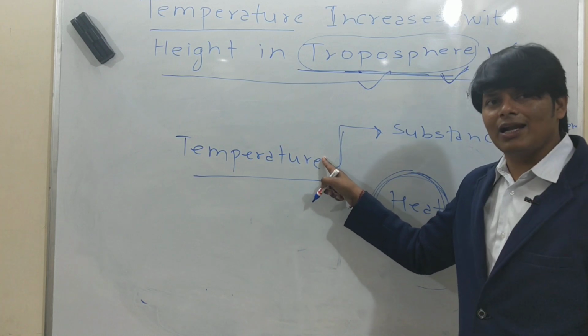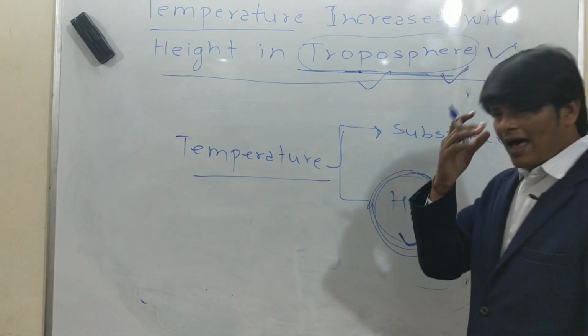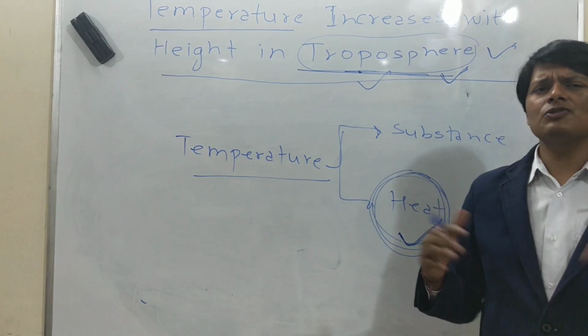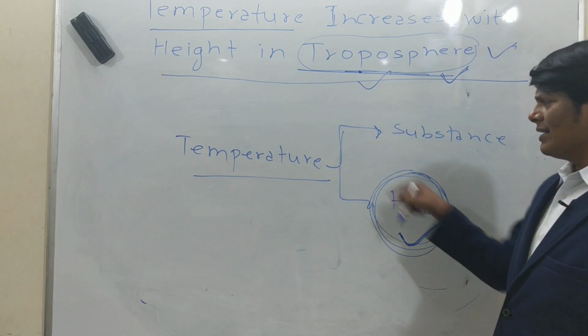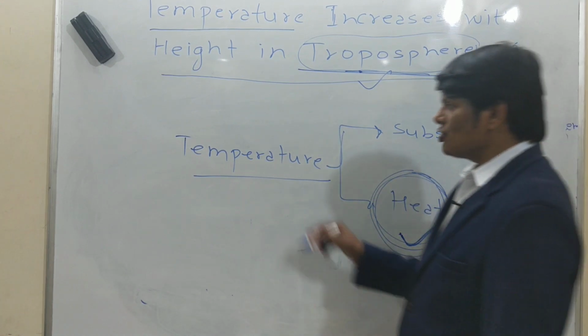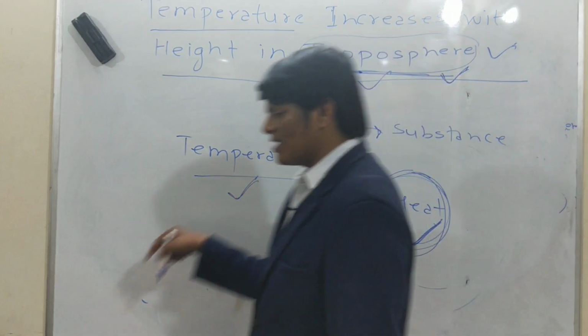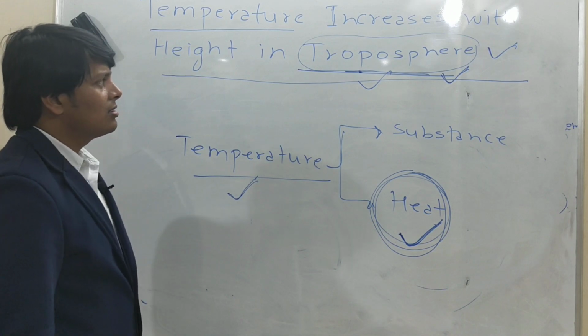We'll go through that later in the lectures, but currently we should assume common sense. We should think and get a common sense about this: if the heat increases, temperature increases. Are you getting what I say here? So we have got the idea of temperature before starting to solve this theory.